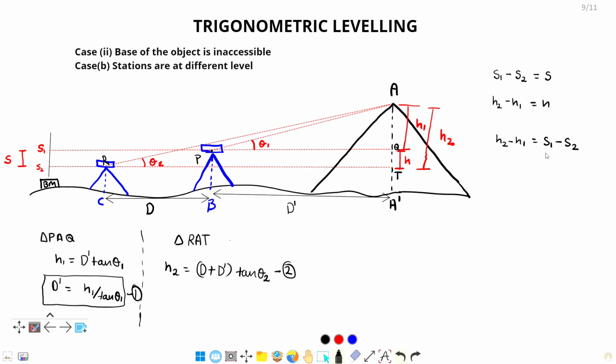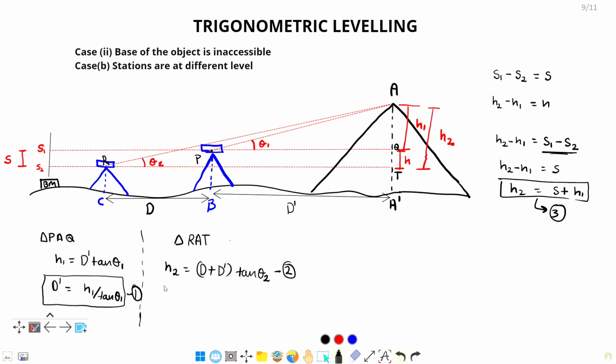So from this condition, S1 and S2, you can write H2 minus H1 is equal to S, and H2 is equal to S plus H1. So this one is the third condition.